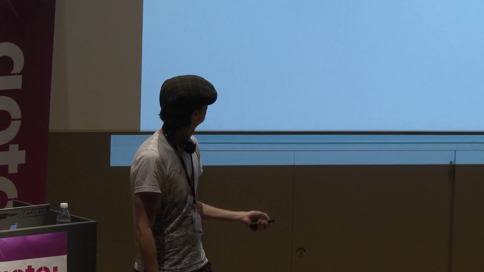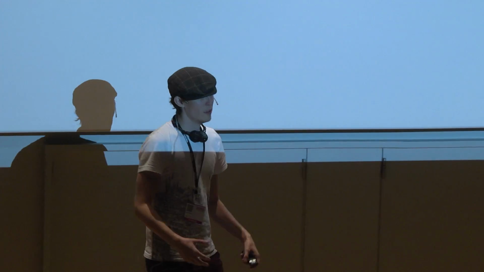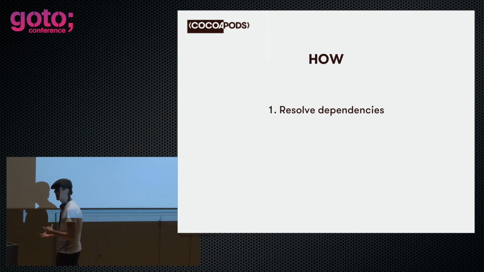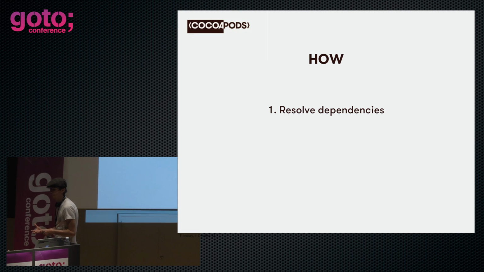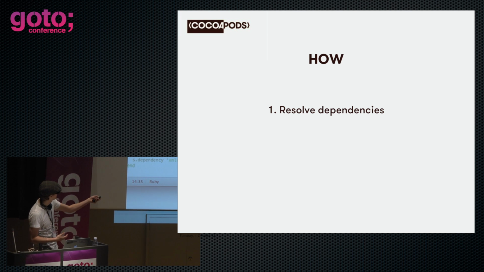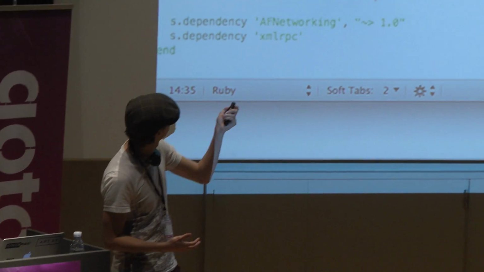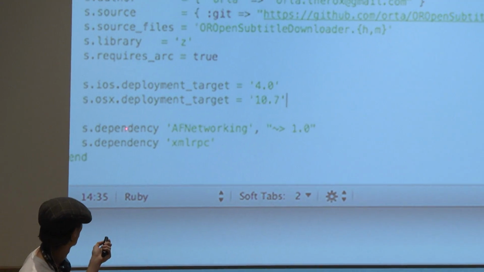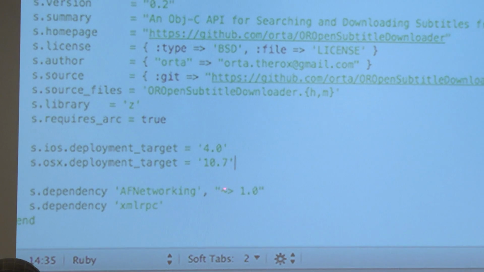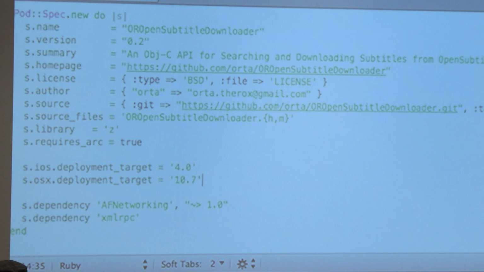Ooh, it's a blank one. Okay, so how do we do this? I talked briefly about how we resolve dependencies. Do I have one here? Yep. So you can see some of my dependencies here. In this library for downloading subtitles, we require a networking library, and we state here that we require at least version 1 and above.